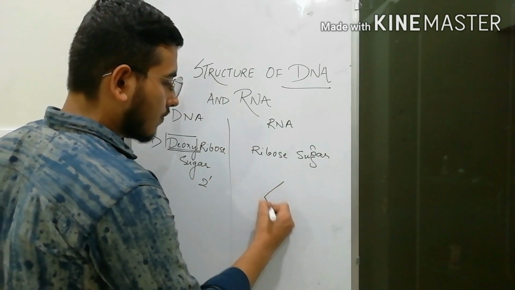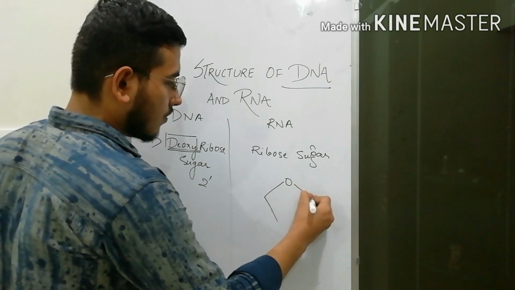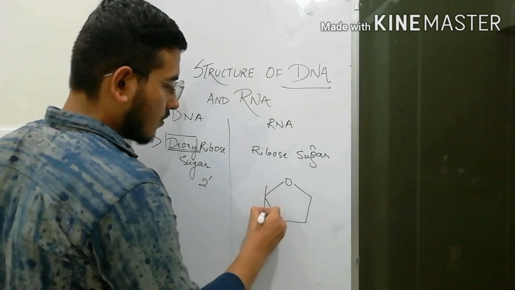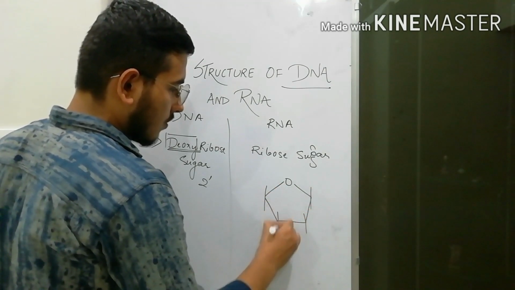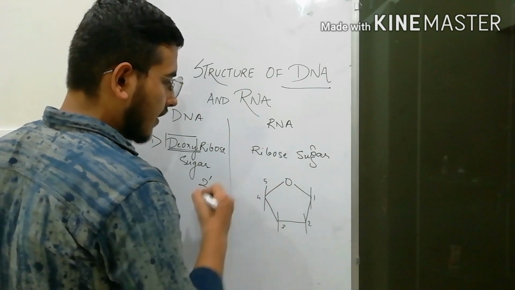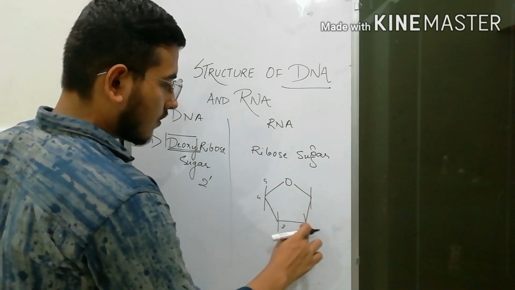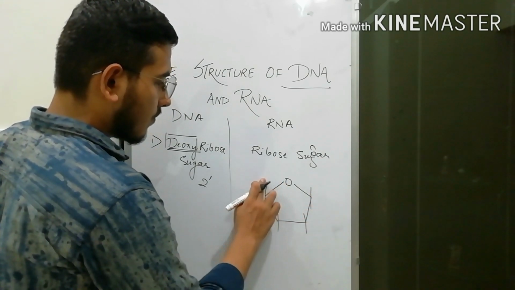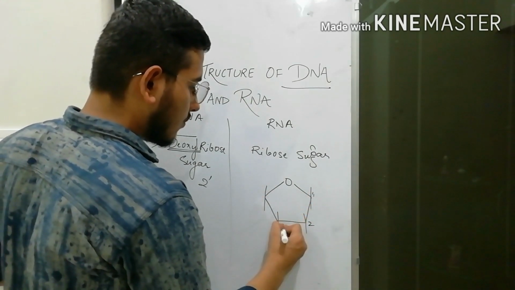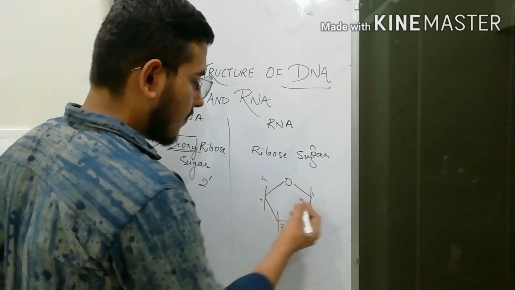The carbons are numbered 1, 2, 3, 4 and 5 like this.